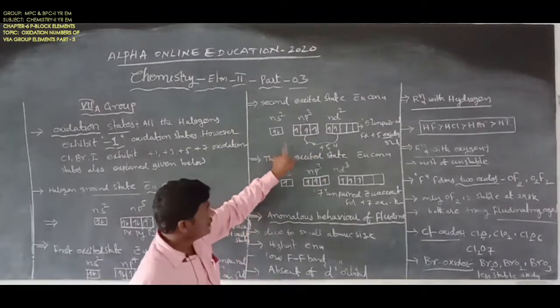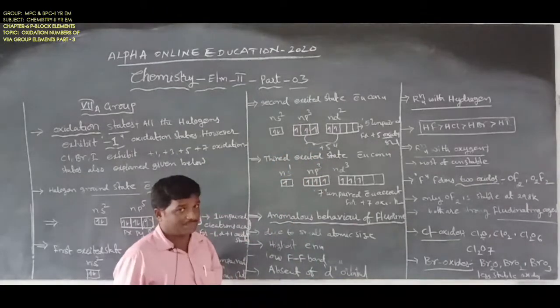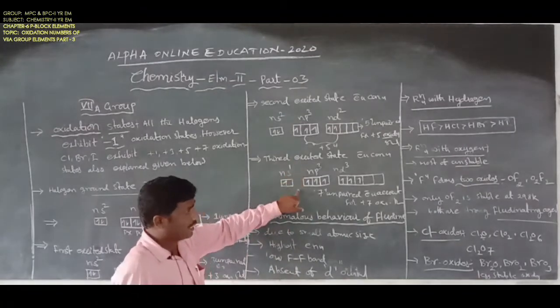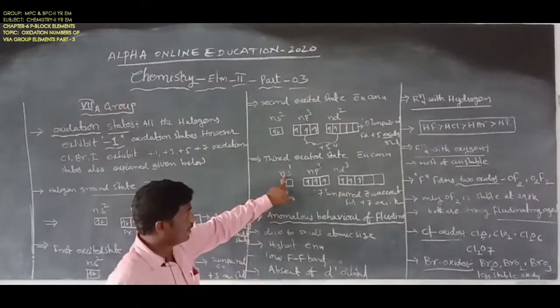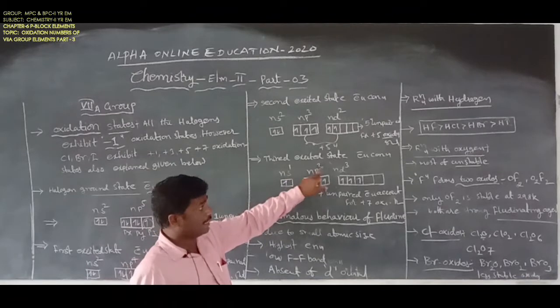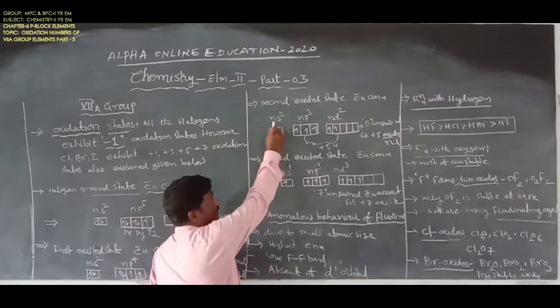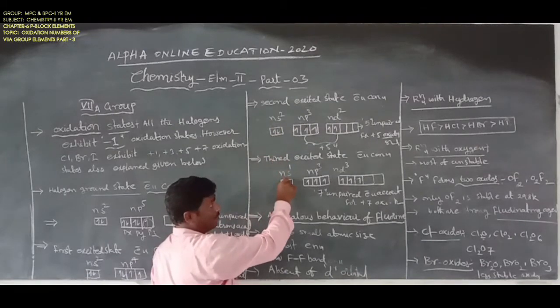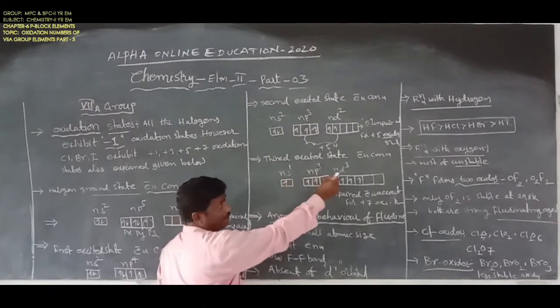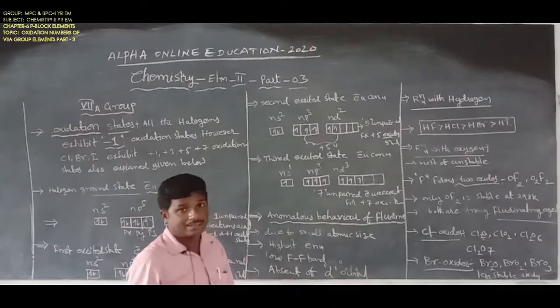Next, the third excited state electron configuration: ns1 np3 nd3. Here one electron from the s orbital jumps into the d orbital.